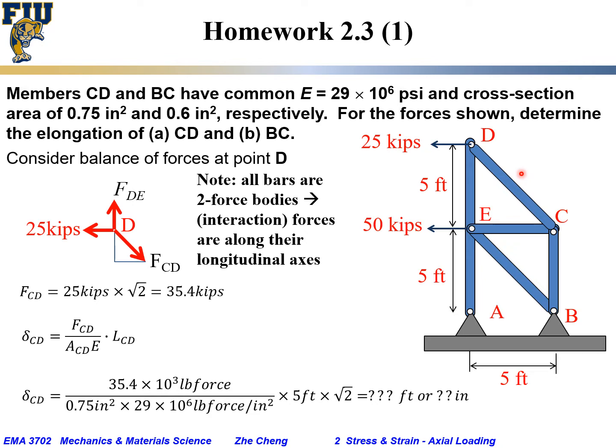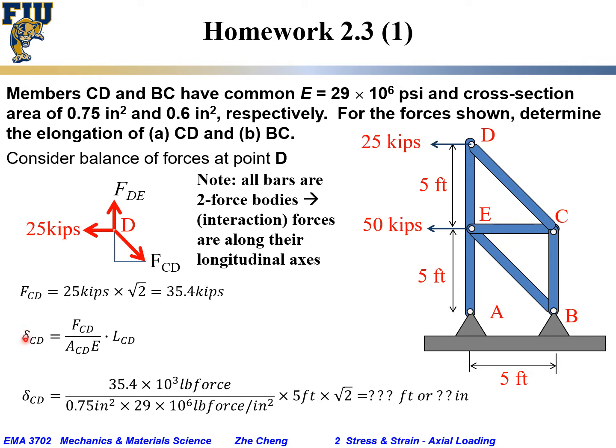It will be tensile force because as you pull D along to the left, the CD would be stretched, so definitely it will be tensile force. As a result, what do we want? We want the elongation, the absolute change in length, which is delta CD.